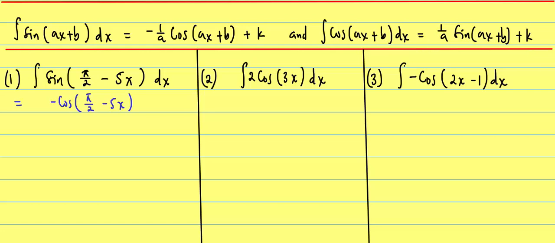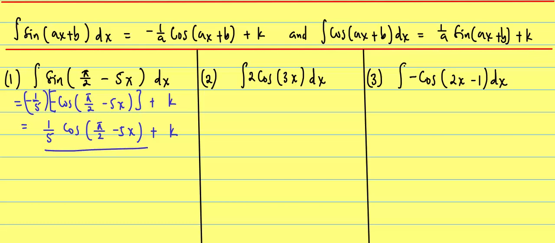So we divide by minus 5, which is the same as multiplying by minus 1 over 5. Okay, and let me put a square bracket around that, plus the integral constant. So simplifying that means that we've got 1 over 5 cos of the same angle, pi over 2 minus 5x plus k, and so that would be your integral.